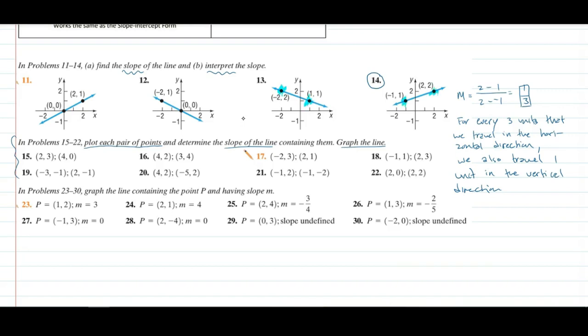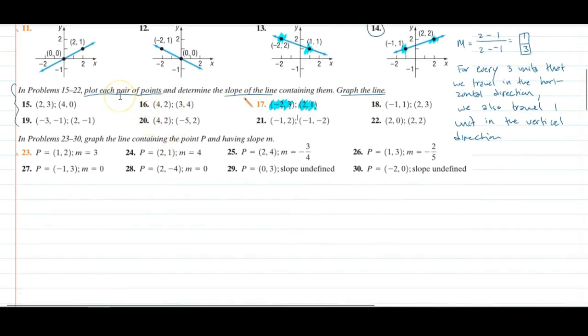So in all of these questions, they give you 2 points and they know that you can graph a line with them. And after you have graphed a line, or even before you do it, you are welcome to find the slope of that line. Now, the ones that I want to spend a bit of time on are number 26 and number 30, right? Because they are a little bit different, and 28, right?